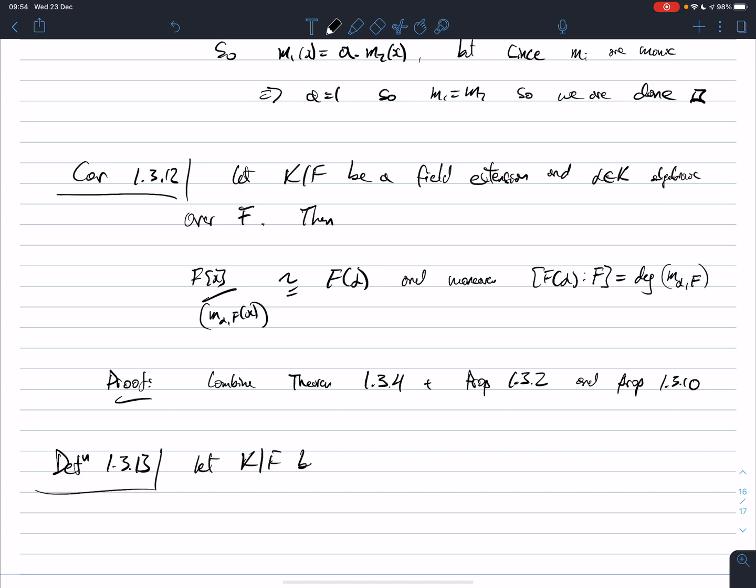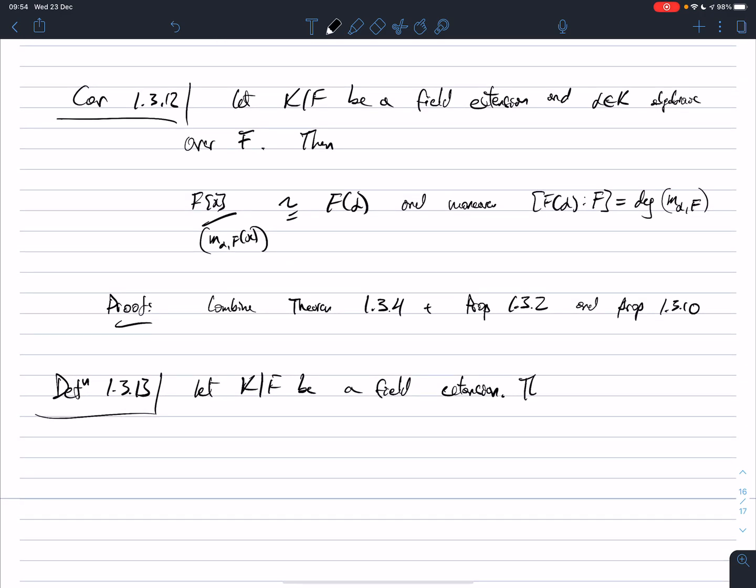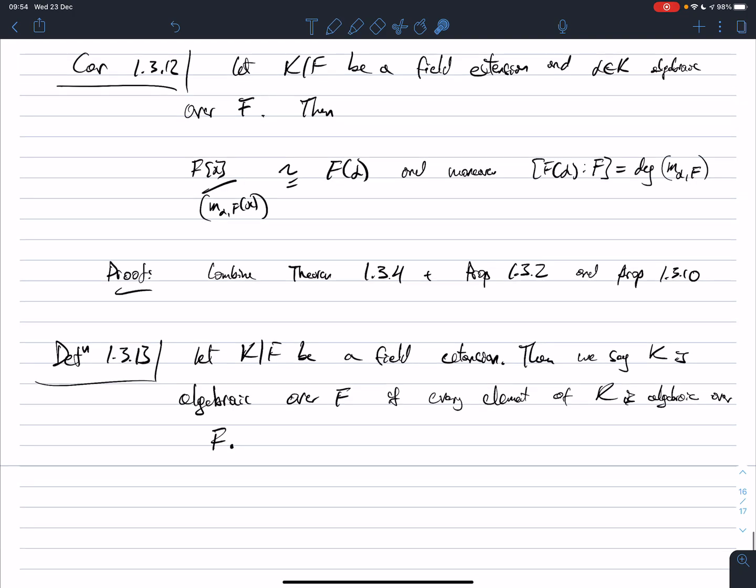Let K over F be a field extension, then we say K over F is algebraic if every element of K is algebraic over F. Then we say K is algebraic over F if every element of K is algebraic over F. So why are algebraic extensions so important?